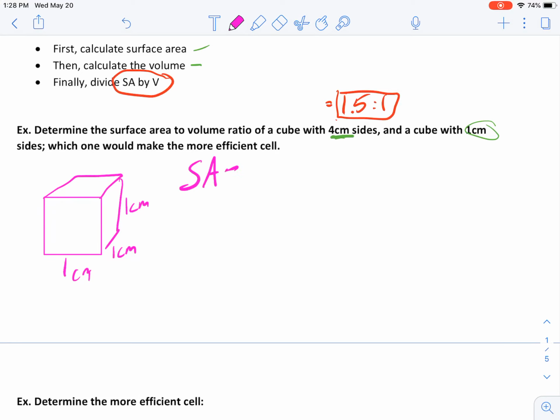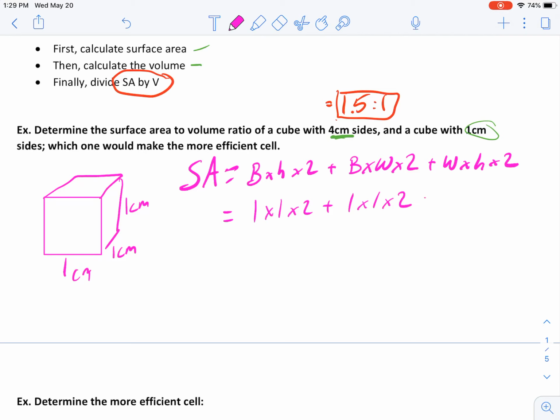Surface area for any rectangular prism, like a cube, is base times height times 2 plus base times width times 2 plus width times height times 2, which is just a bunch of 1s being multiplied. 1 times 1 times 2 plus 1 times 1 times 2 plus 1 times 1 times 2, which gives us 6 centimeters squared.